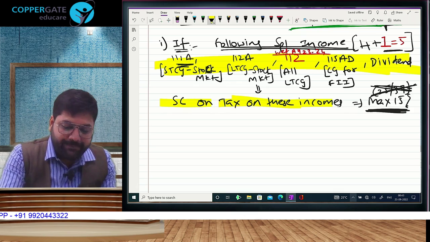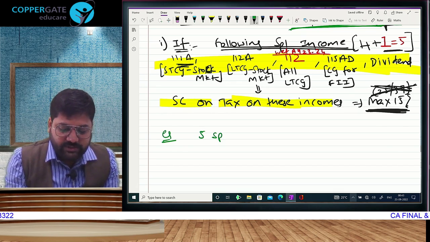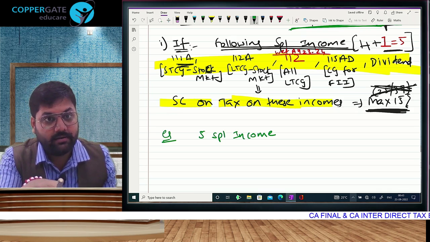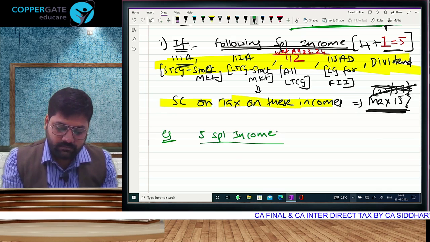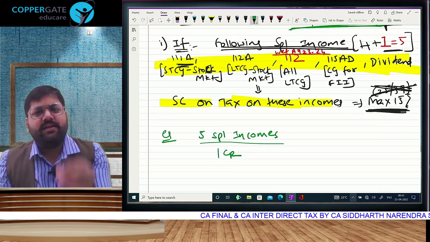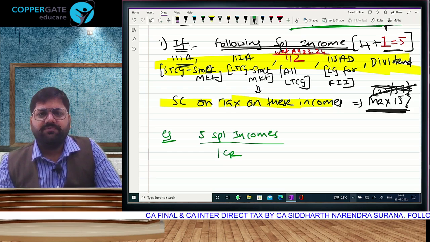To give you an example, supposing I have got these 5 special incomes. 4 plus 1, 1 is an amendment. Last year there were 4. Dividend and long-term capital gains together total 1 crore.